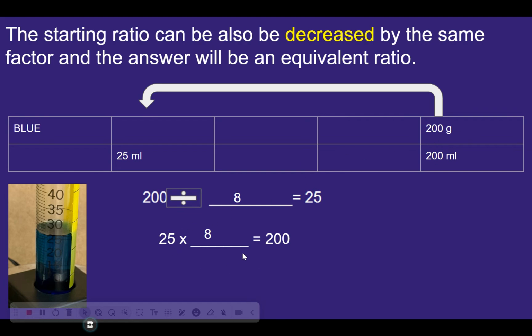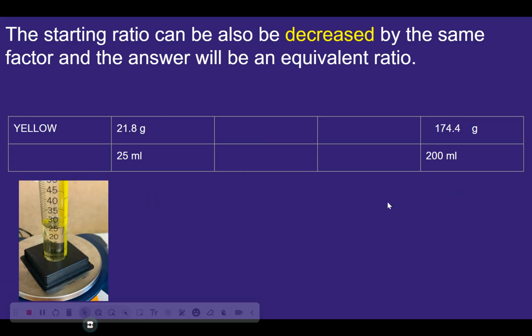If I know this volume, 200, I can say what do I need to do to the 200 to get to the 25? What factor do I need to decrease by? I know it's decreased because I'm going down. 200 is more than 25. I'm going to divide. Divide by how much? By the same number here. So now I'm going to take that 200 and divide by 8.